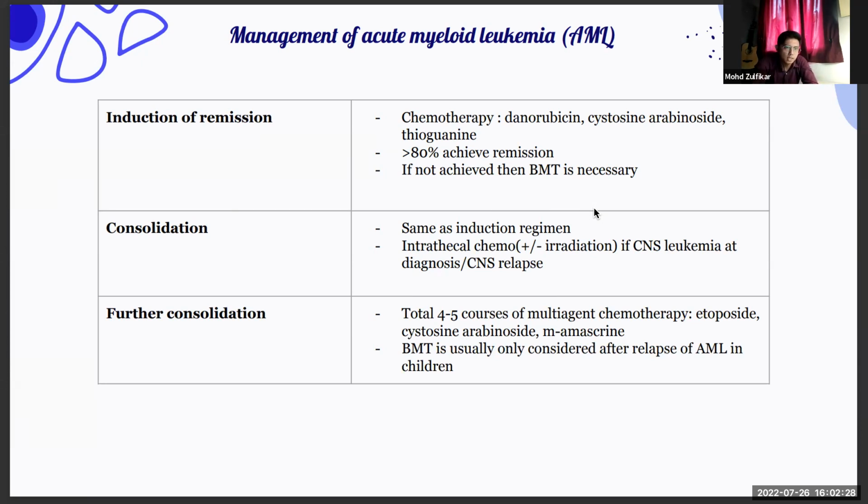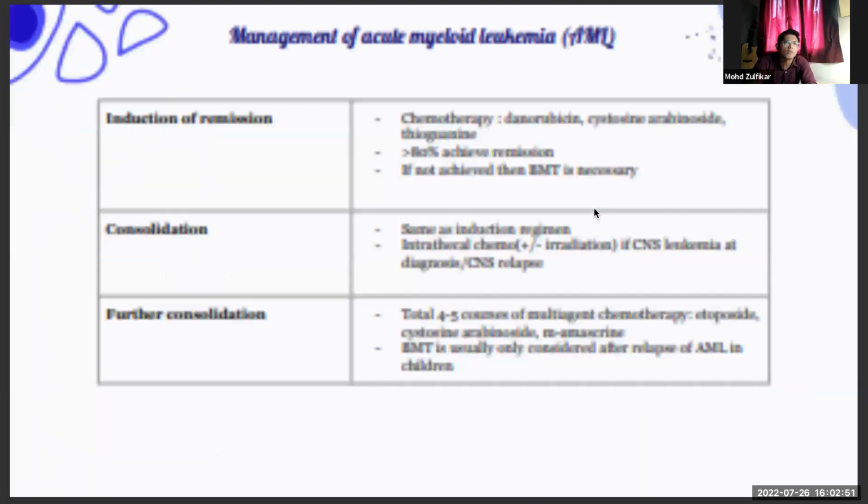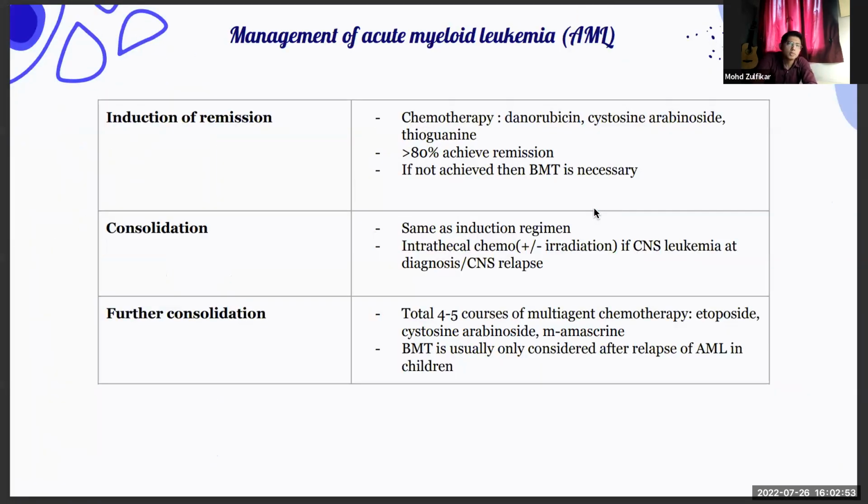And for further consideration, it involves a total of 4 to 5 courses of multi-agent chemotherapy such as etoposide, cytosine arabinoside, and also m-AMSA. Bone marrow transplant is usually only considered after relapse of acute myeloid leukemia in children. So that is basically the management of acute leukemia. So next slide.